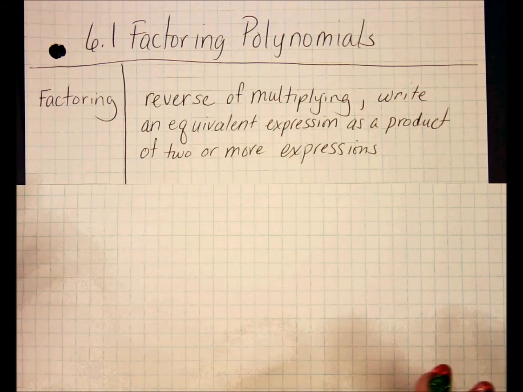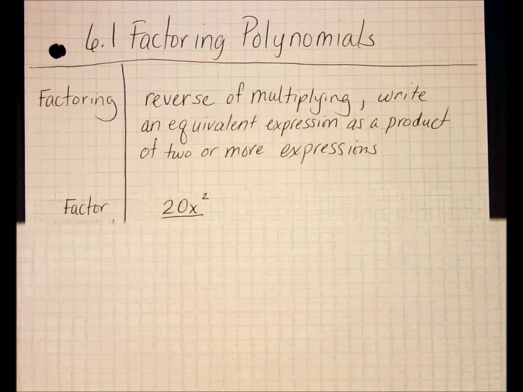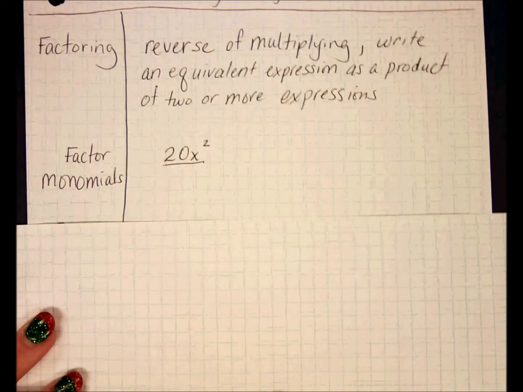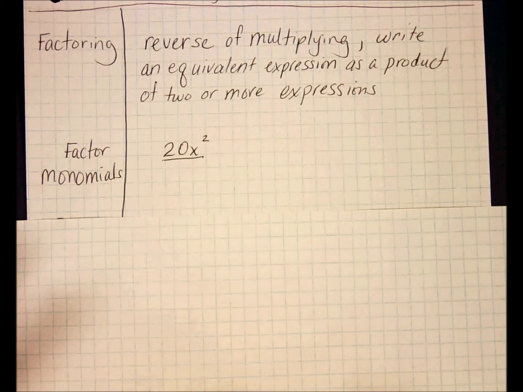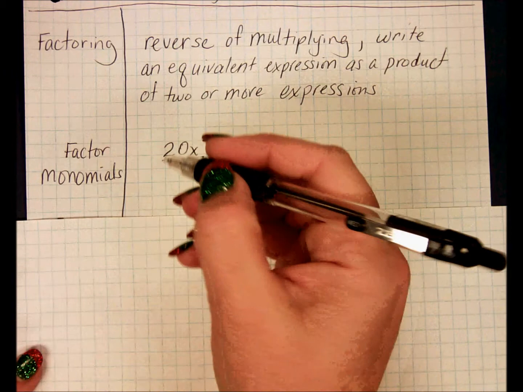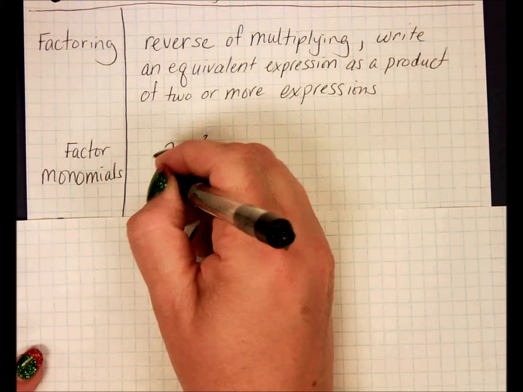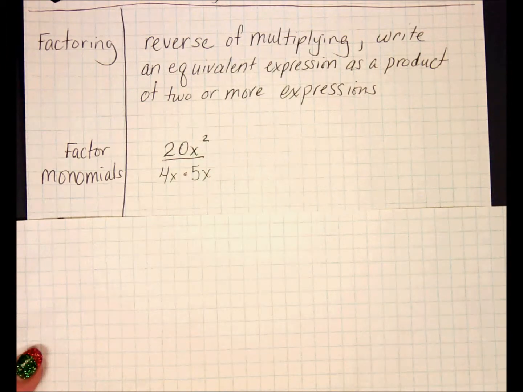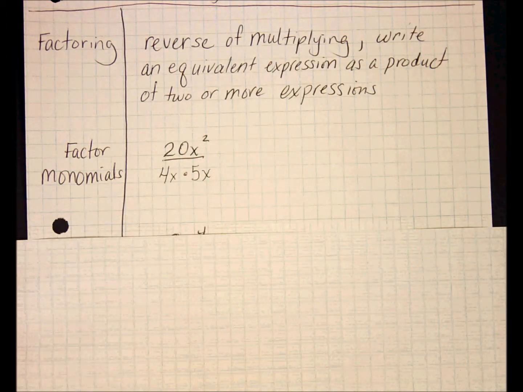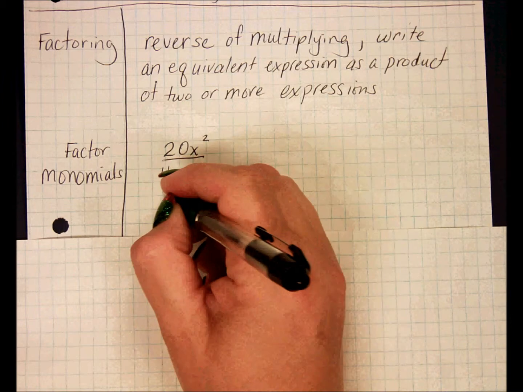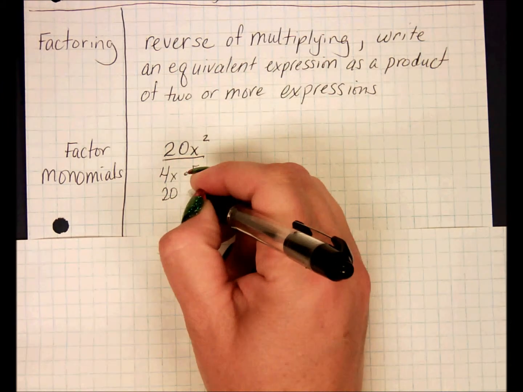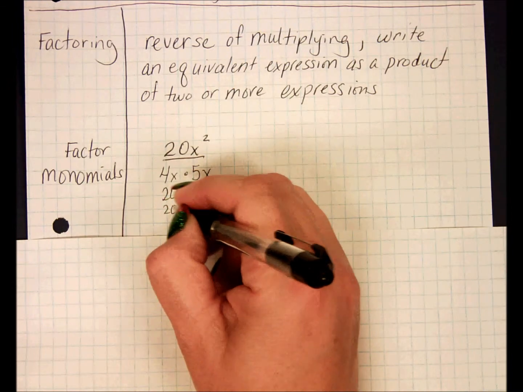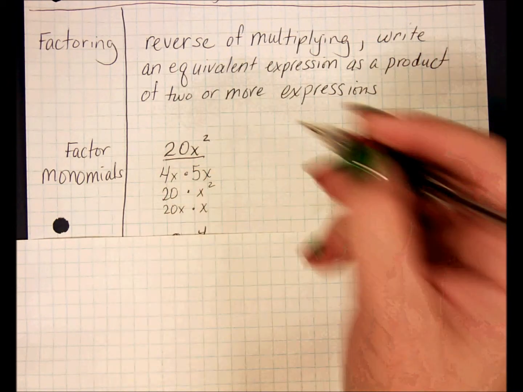So first let's do some simple factoring. We've got monomials. So we have 20x to the second power. We have multiple ways we can factor this. This could be 4x times 5x. That would give me 20x squared. It could also be 20 times x squared. Could be 20x times x.